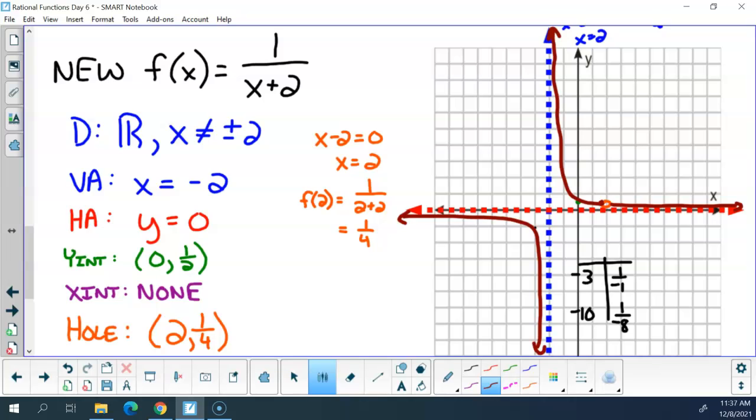And there's the graph. Do not fill in your hole. So to find the hole, whatever you factored out, set it equal to 0, and then put that number in your new function.